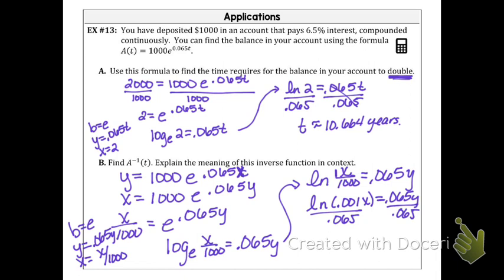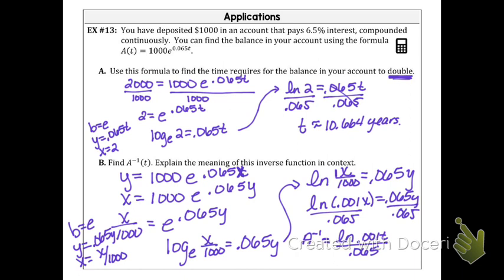And so we know that the inverse is equal to the natural log of 0.001x. I'm going to change that back to t now, over 0.065. And so what that gives us is the time when the balance in the account is known.